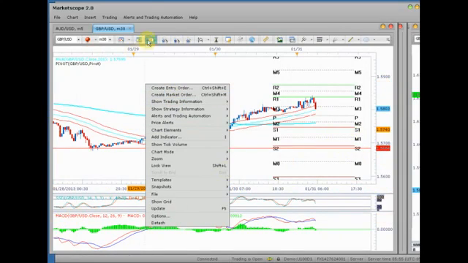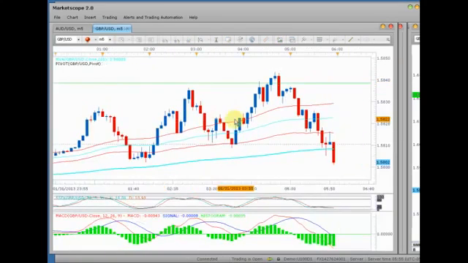Let me see if I can get down to a 5-minute chart. And yeah, we should have looked at that one. We have an evening star pattern right at R1.